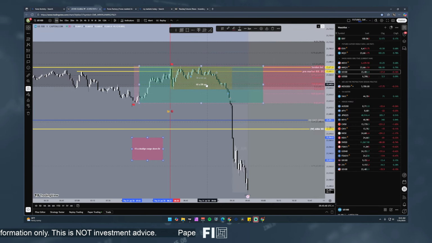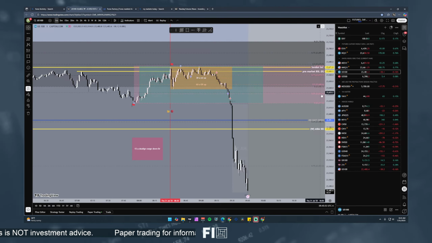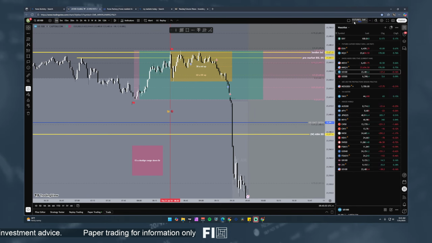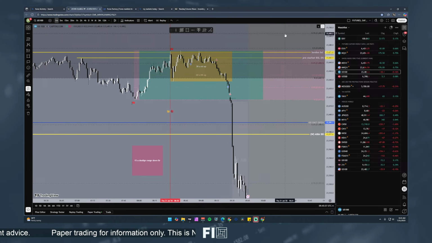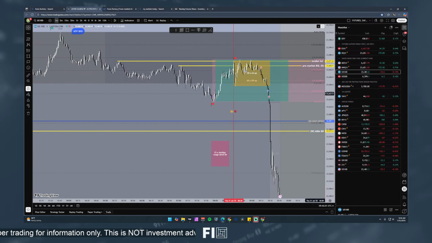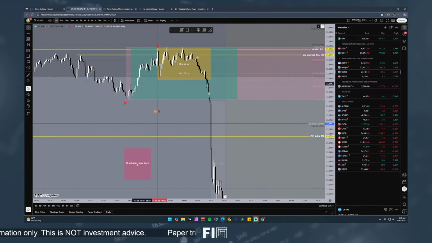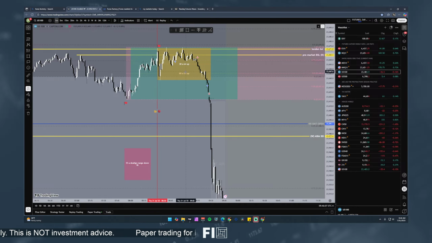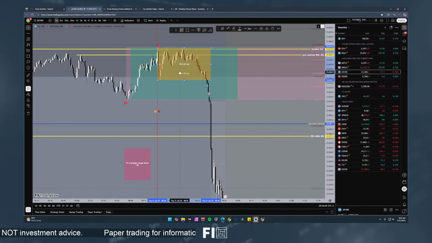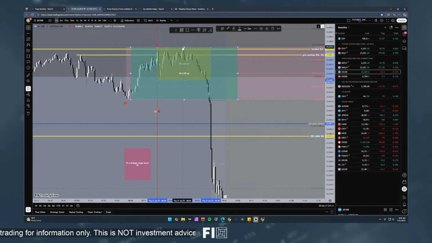Let me just update my markings now, since we saw what we had to see. Okay, so on CFDs, we have a low, high, lower high, lower low. So what is that?